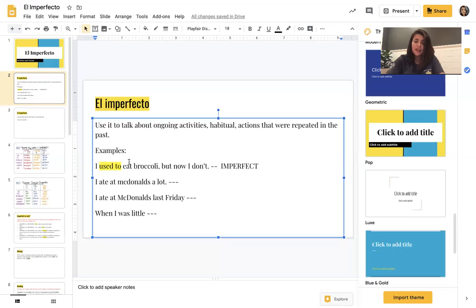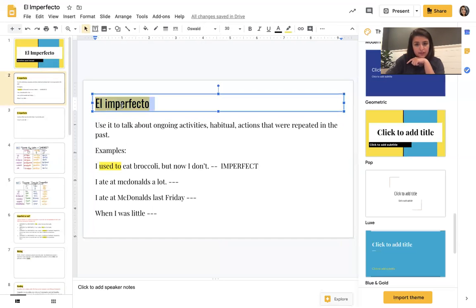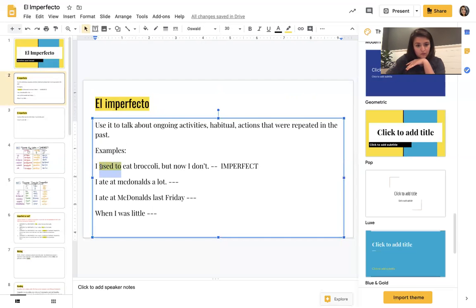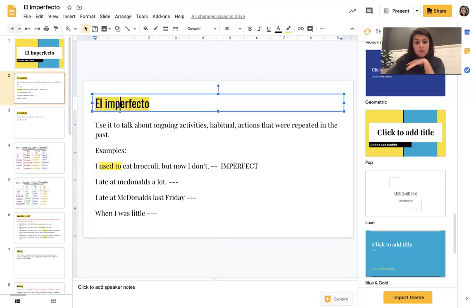I never put lime in my ice cream. That's just a random example. Anytime that you would say I used to in English, then in Spanish that would translate to the imperfect version of the verb. We don't have the expression used to in Spanish. We just use the imperfect.